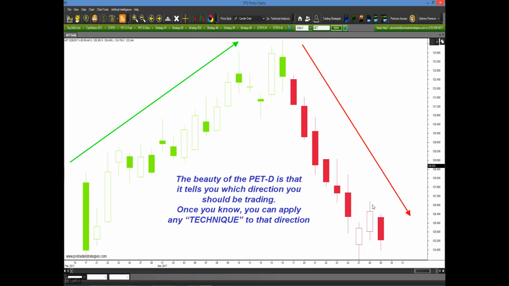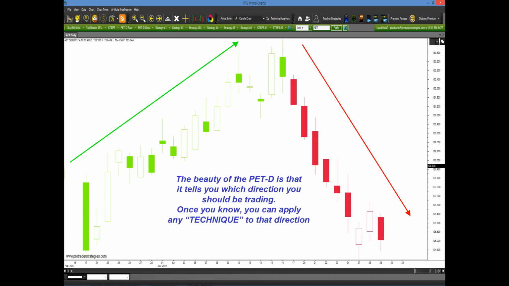So the beauty of the Pet D is that it tells you which direction you should be trading. Once you know, you can apply virtually any technique to that trading. Any technique. It makes no difference because you will now increase your odds for consistency. Why? Because you are in sync with the trend. Can't think of a better way to trade than to have the current at your back.